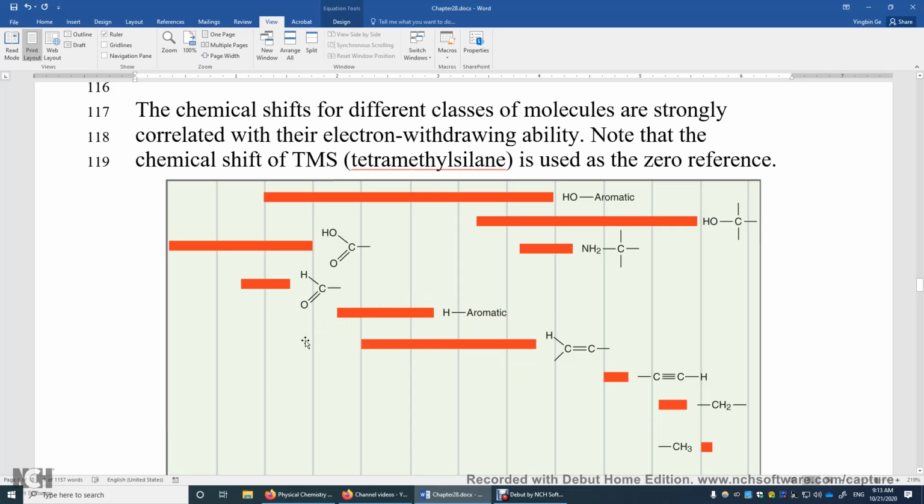Again, the pi electrons on a benzene ring form an electric current loop that will provide a different situation regarding the induced magnetic field. These two functional groups can withdraw electrons significantly due to two reasons. One is the electronegativity, and two, the conjugation effect. So two reasons.